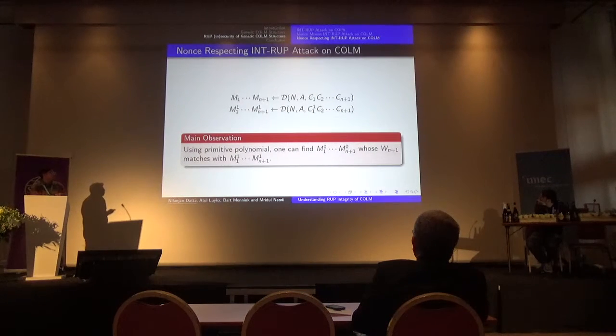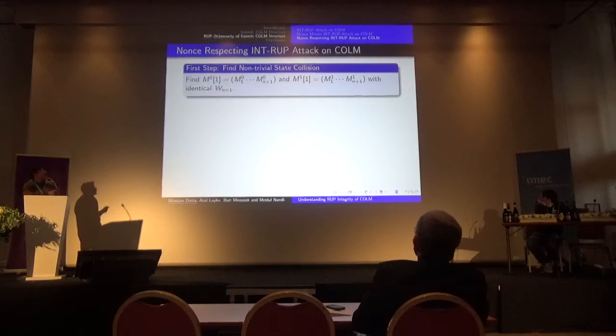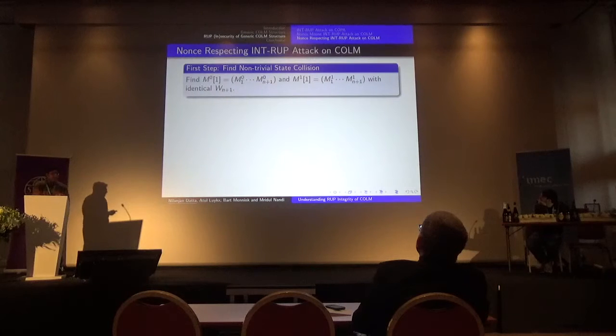The use of this primitive polynomial demands that the length should be more than n, so at least n plus 1. And using this observation, again we mount the attack.